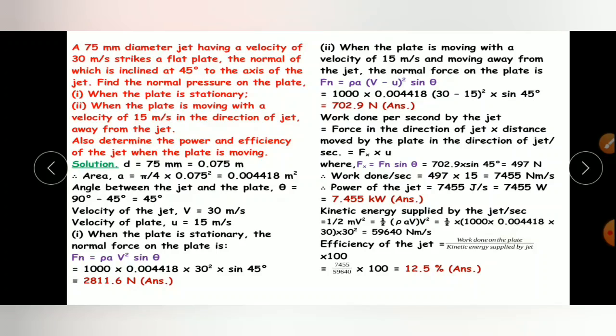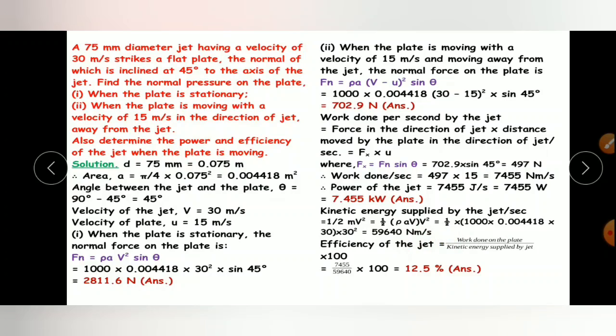By putting the value of rho as 1000, a, the cross sectional area of the jet, as 0.004418, and v as 30, we get 59,640 Newton meter per second.